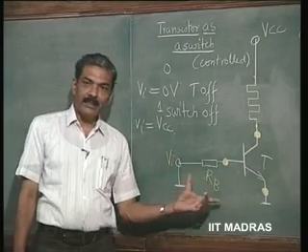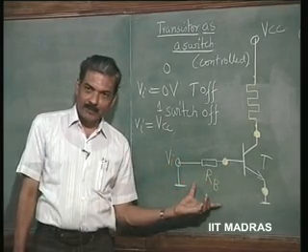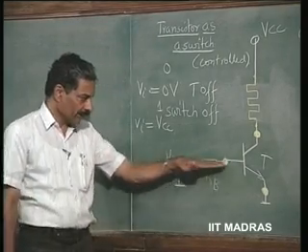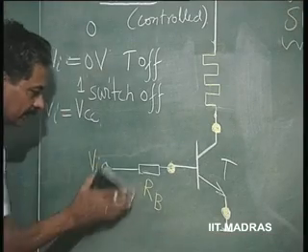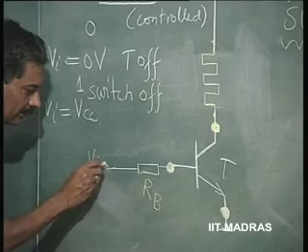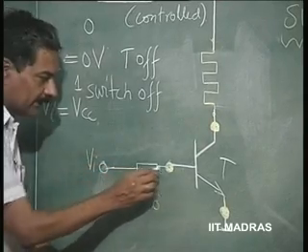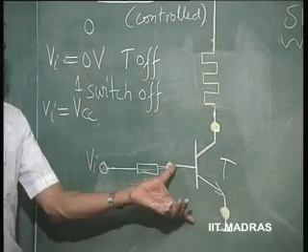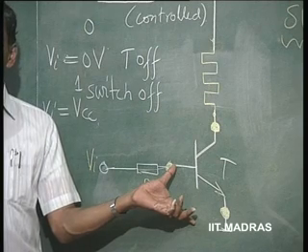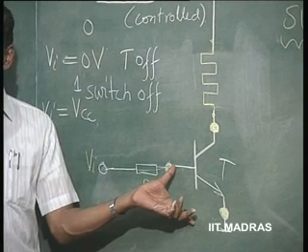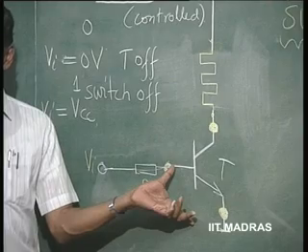Now, you will understand the reason for putting RB. If I do not have this RB at all, then when it goes to VCC, this VCC will come across the base to emitter junction, and there will be enormous current, because even for 0.5 to 0.6 volts there will be very high current.